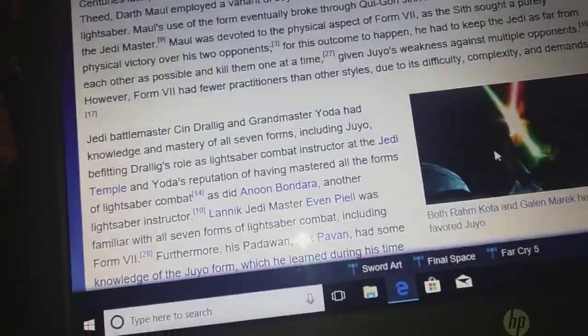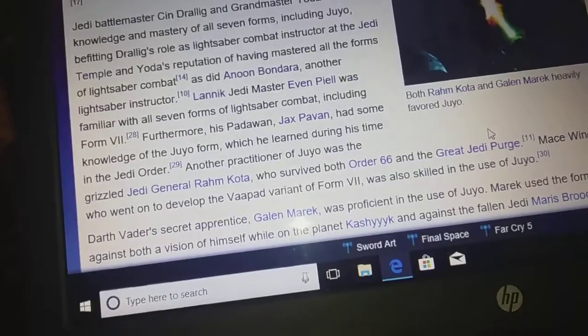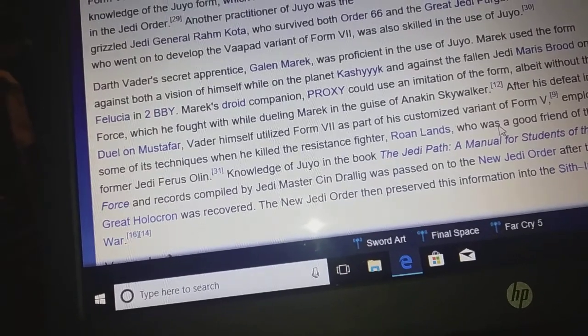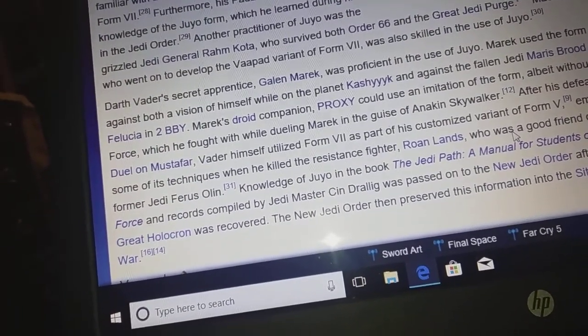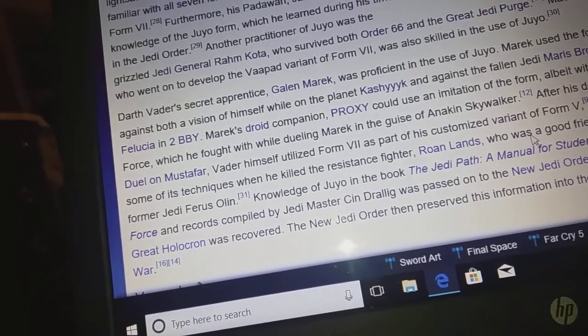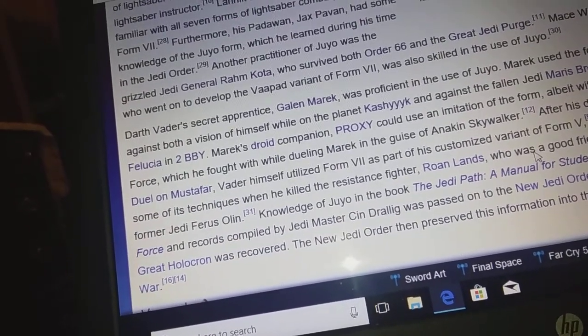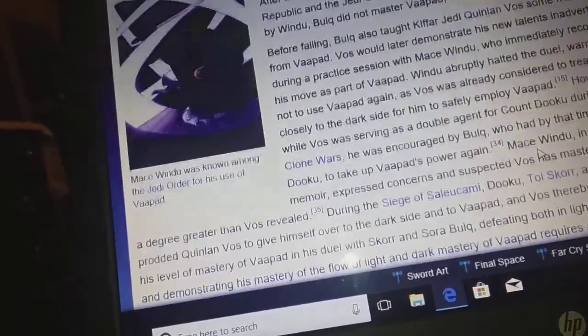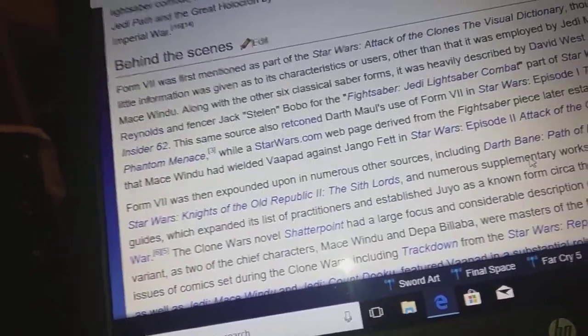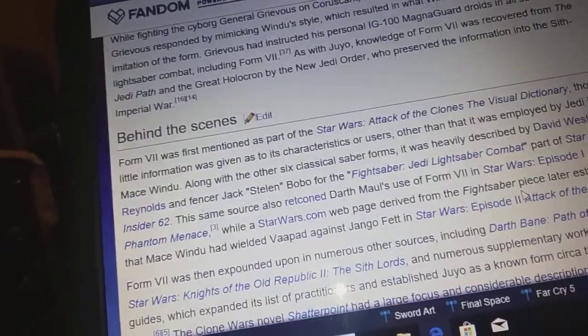Yeah, Juyo is actually very hard for me to find information on because almost no one uses it, I found. Vaapad has even less users.